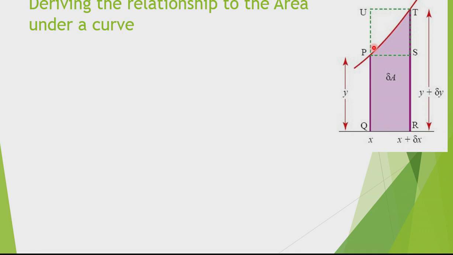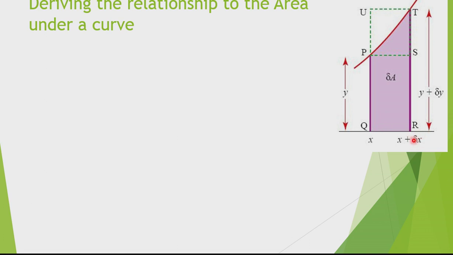So the new x coordinate of this capital T will be x plus delta x, because this length is delta x. As well, when x is increased by delta x, under the first principles method of differentiation, y will change automatically by delta y. So the coordinates of capital T will be (x plus delta x, y plus delta y).